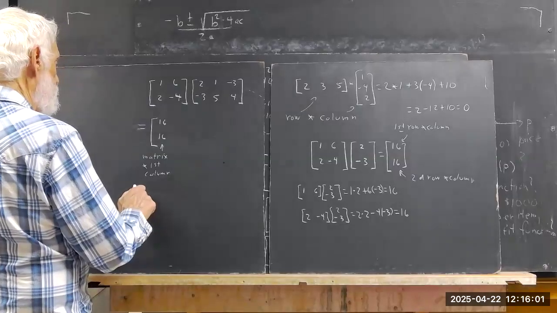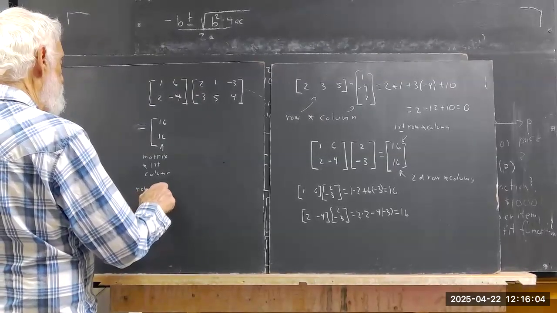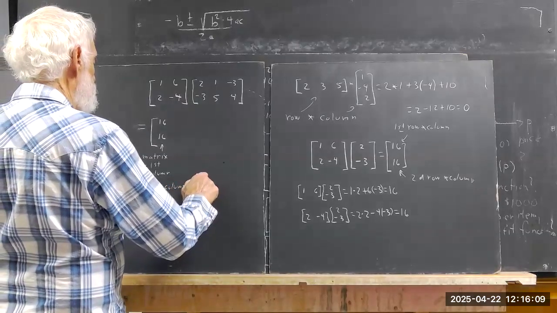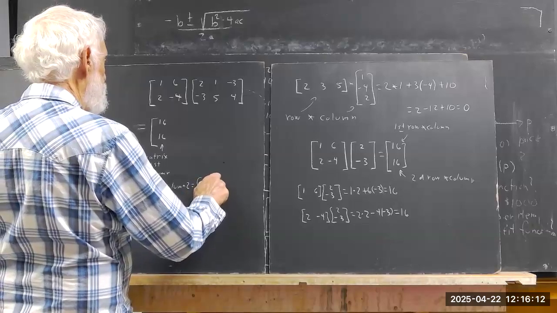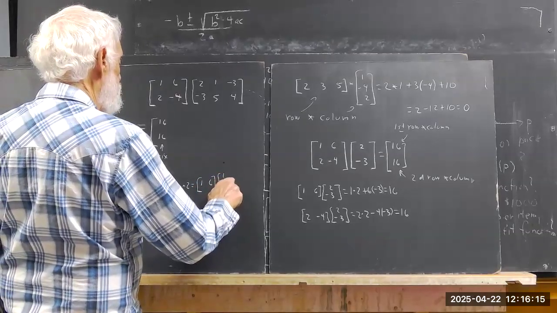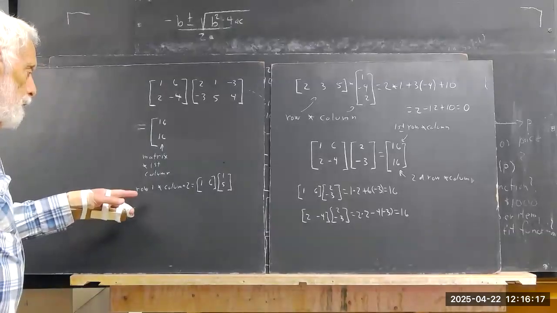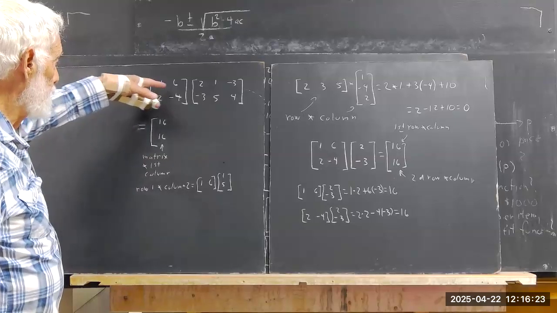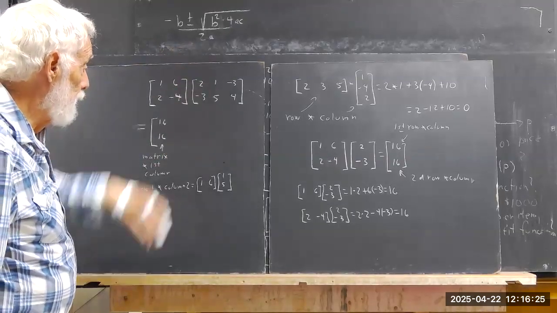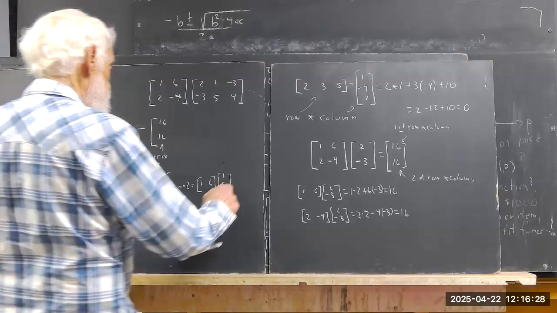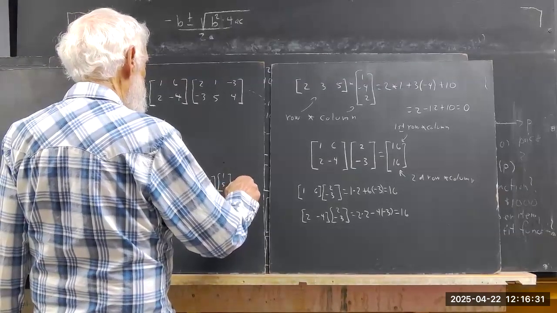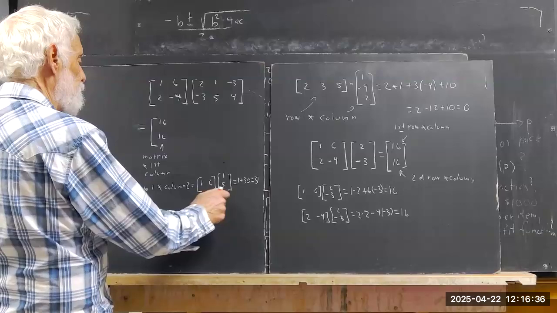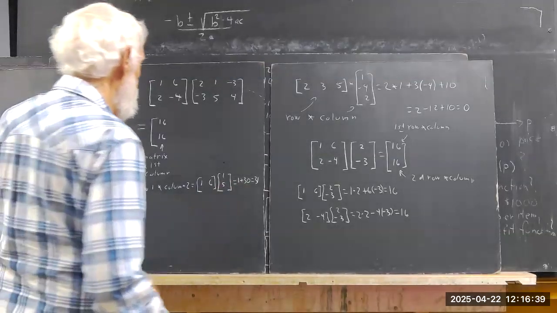Now, our first row times our second column. Well, the first row is still 1, 6. Our second column is 1, 5. So 1 times 1 is 1, 6 times 5 is 30. So that gives us 31.